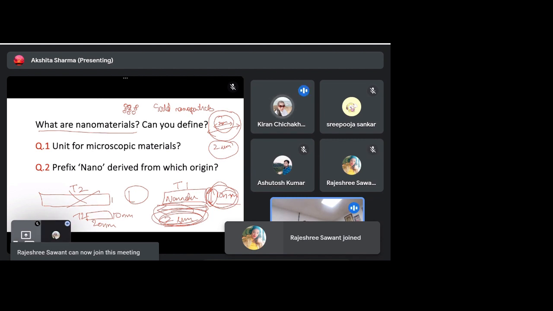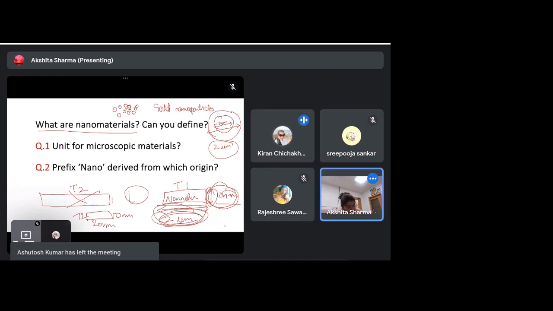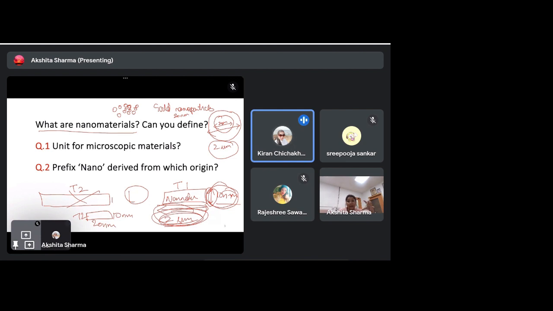I have drawn a lot of quantum dots, and the size is around, let's say, 20 nanometer. But these quantum dots have very high surface energy, so the distance between them is very, very small now. It is like this now. And now this cluster has become around 3 micrometer. So is it a nanomaterial now?